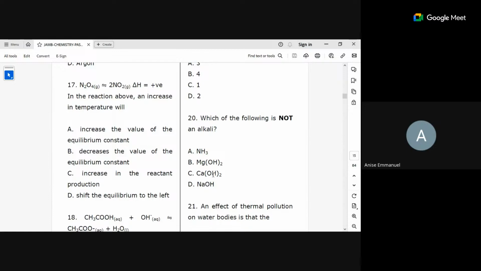Sodium hydroxide is a soluble base and an alkali. Calcium hydroxide is a soluble base, an alkali. Magnesium hydroxide is a soluble base and an alkali. All hydroxides. The only thing here is that although ammonia is a base, it is not an alkali. So it is NH3. That is the answer.